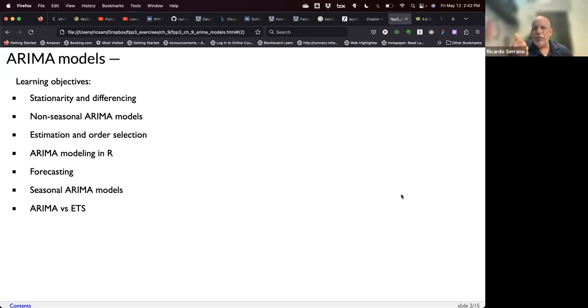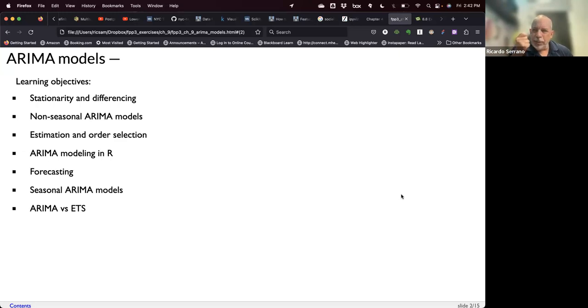The first thing we have to understand for ARIMA is a strong assumption that the time series is stationary. We're going to talk about that in this part of the session. And with stationarity, we also have to talk about differencing, and we're also going to define that term.